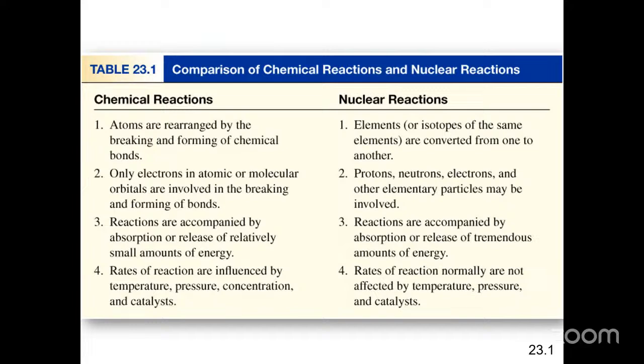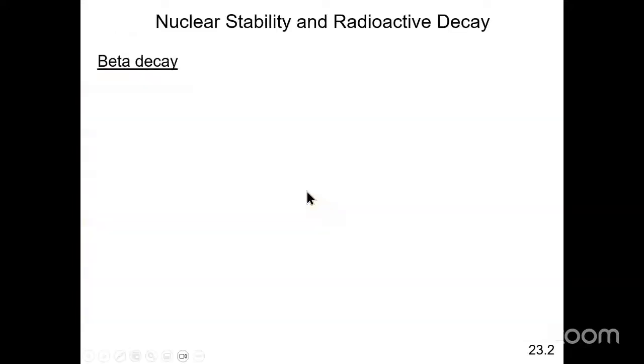Okay, what's next? All right, so let's talk about the different types of decay and the effect that it will have on the nucleus in terms of the stability of the nucleus. So beta decay: the beta particle is basically an electron. We just use the term beta when it is either used up or produced in a nuclear reaction, right?